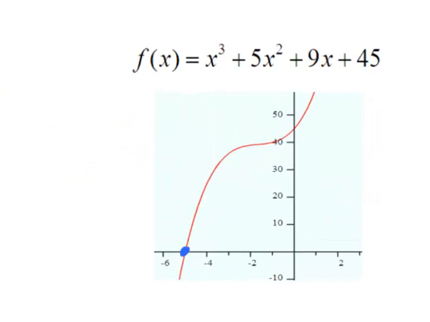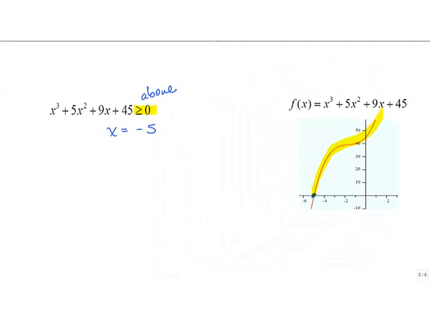Look at the graph. It only crosses the x-axis one time at -5. The part of the graph above the x-axis has a domain of -5 to infinity. This once again verifies our answer from testing the intervals.